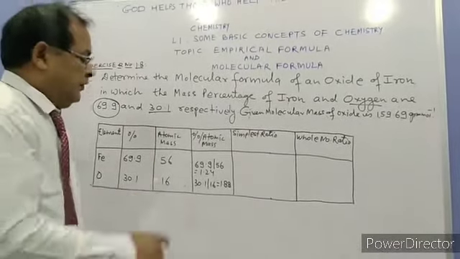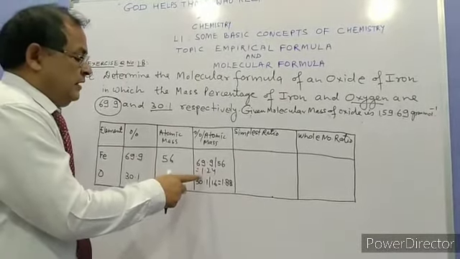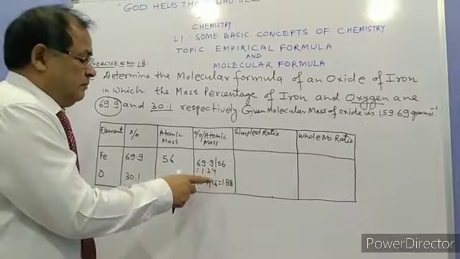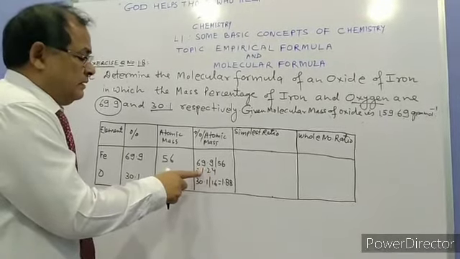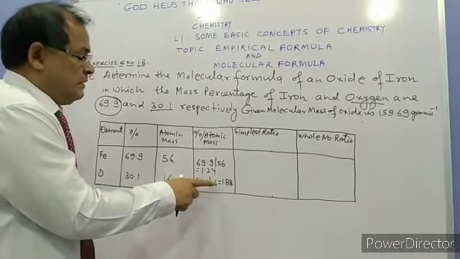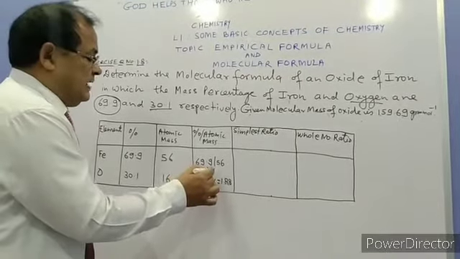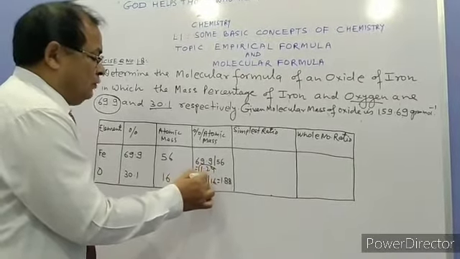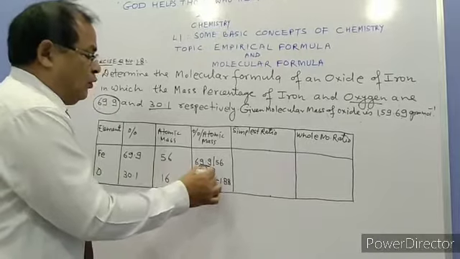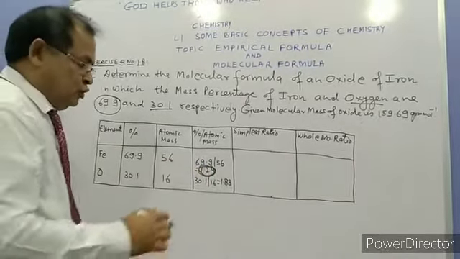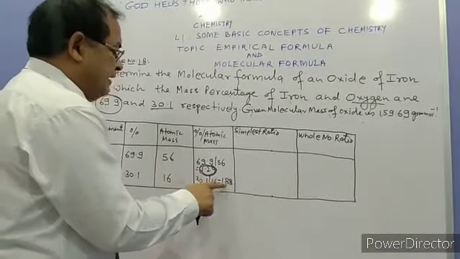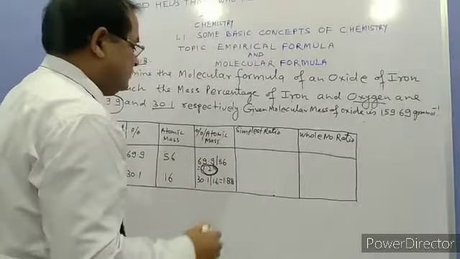Now here we have to divide by the least number. The least number is 1.24.